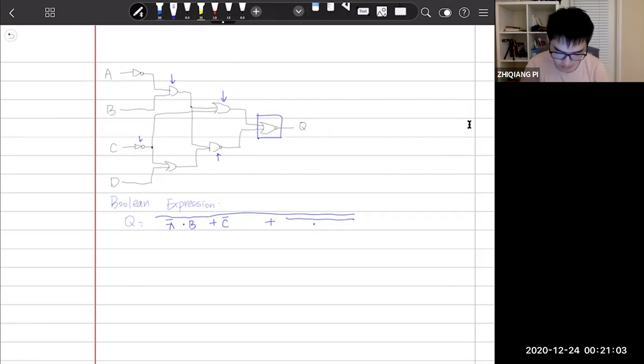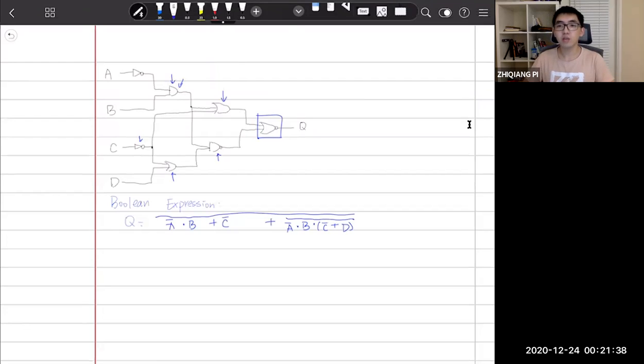The first input to this NAND gate is the output of this AND gate again, which we've seen before, not A and B. And the other half of the NAND gate is another OR gate, and the two inputs to the OR are not C and D. So there we have it, a kind of complex but still good Boolean expression.